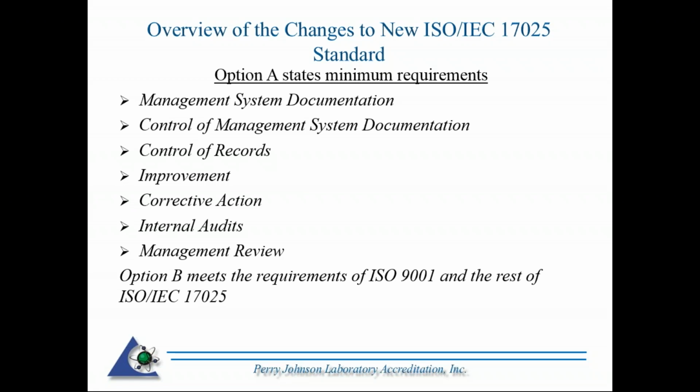For option B, these requirements should be captured through your management system, which if it has been written in accordance with ISO 9001, and we'll see later what PJLA requires as far as objective evidence that it has been written in accordance with 9001. Then the rest of 17025 would be assessed, more so the technical requirements.